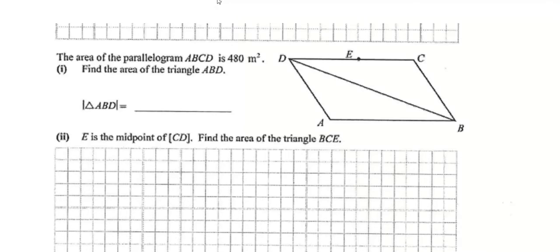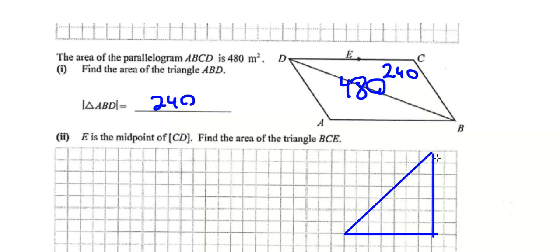All right, really quickly. Here's a parallelogram. It's 480. Half of it is obviously 240. Now, there's something I really want to explain here to you. Okay, guys, you ready for this? If I had a right angle triangle, nothing to do with the question we're doing currently, and for argument's sake, I'm going to make it really easy.